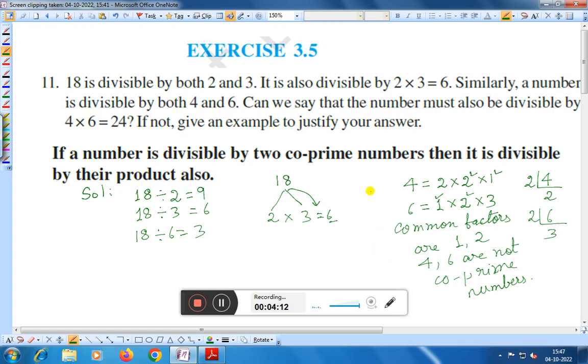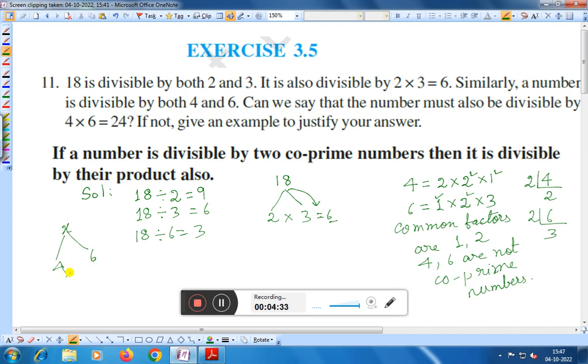Suppose we have taken a number x, right? It is divisible by 4, and it is also divisible by 6, right?